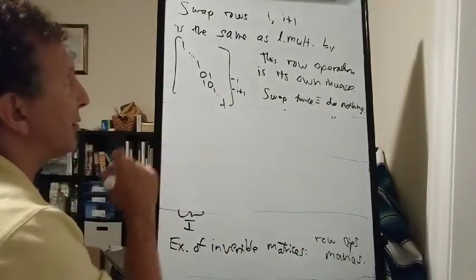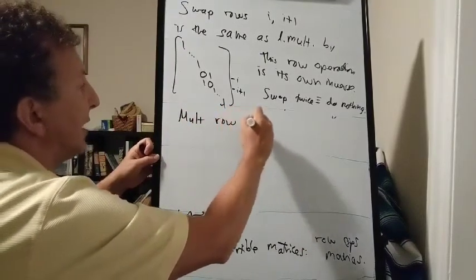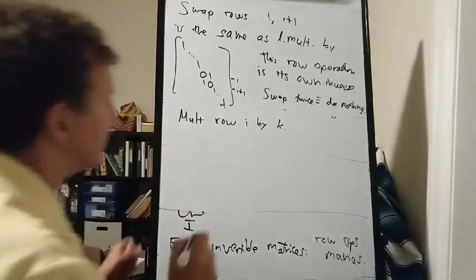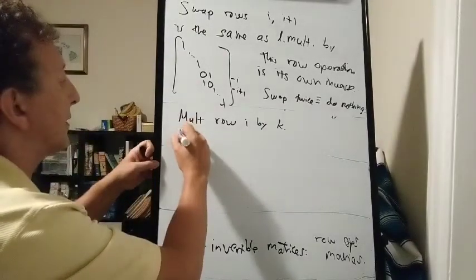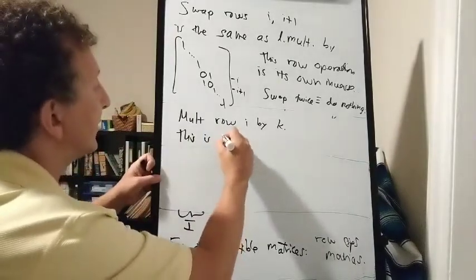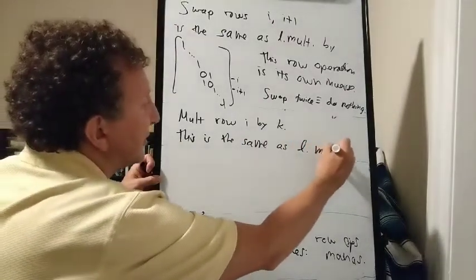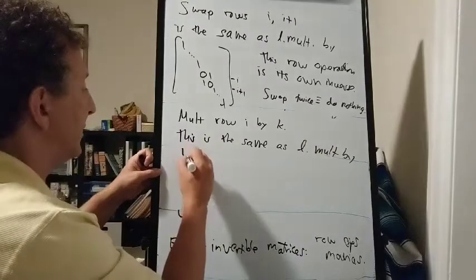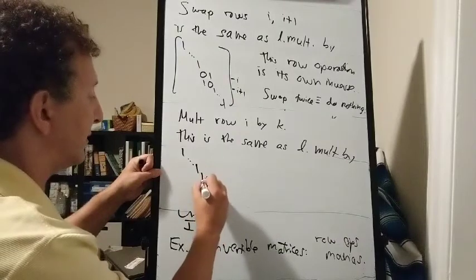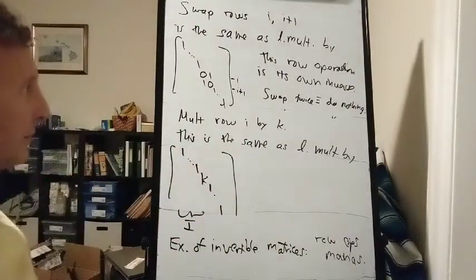Now another row operation is multiplying row I by some constant k. This is the same as left multiplication by a matrix that looks like the identity, except in one position we have a k, and zeros everywhere else.